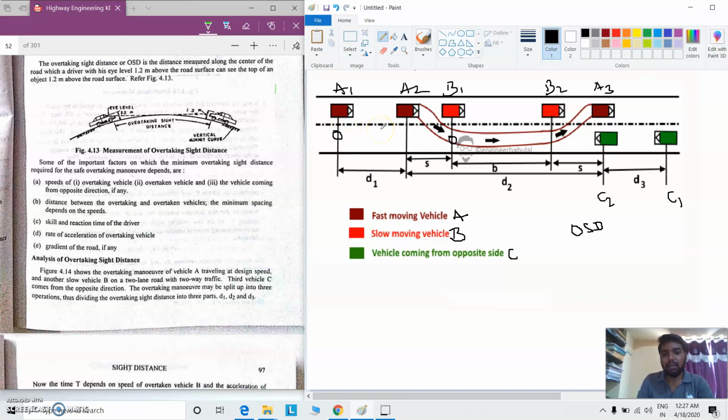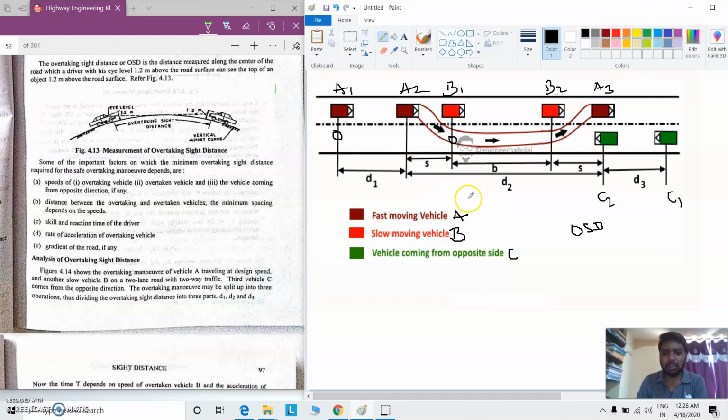Similarly, whether the overtaking takes place on plain ground or sloped ground, the gradient of the road is also one of the factors to be considered to decide the overtaking sight distance.